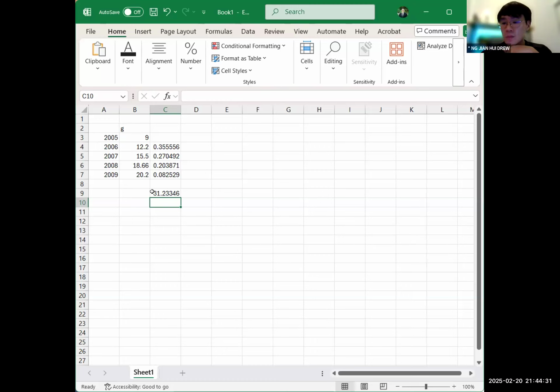This one I have to think about, whether there's a better way to do it, not using this CAGR formula. When I was doing this, I was thinking to use the compound average.